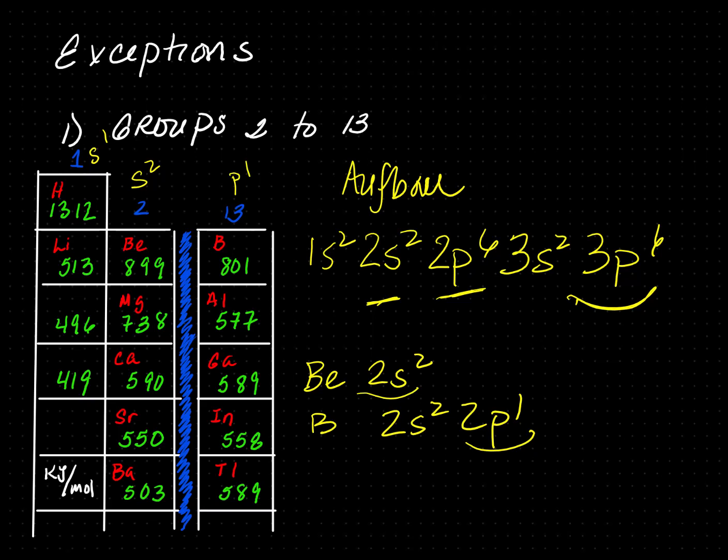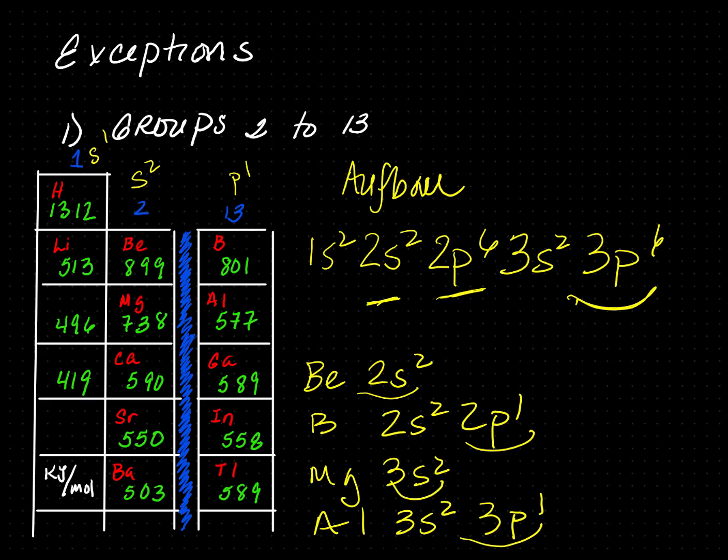So if I look at magnesium, that is 3s2. Aluminum is 3s2, 3p1. For aluminum, it's a lot easier to remove because 3p is at a higher energy level than magnesium, which is at 3s.